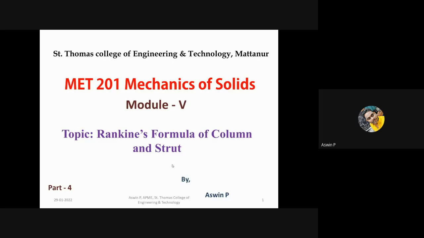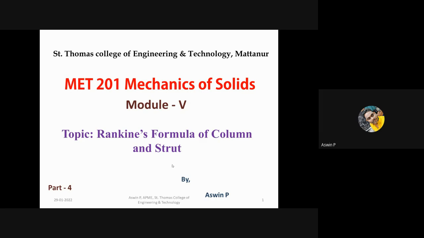This Rankine equation can be used either for long column or short column. There is no problem by using Rankine equation anywhere. But compared to Euler's equation, it's somewhat difficult. That's why whenever we are doing some calculations with long column, we will normally take Euler's equation that you have already learned as pi square EI divided by LE square.